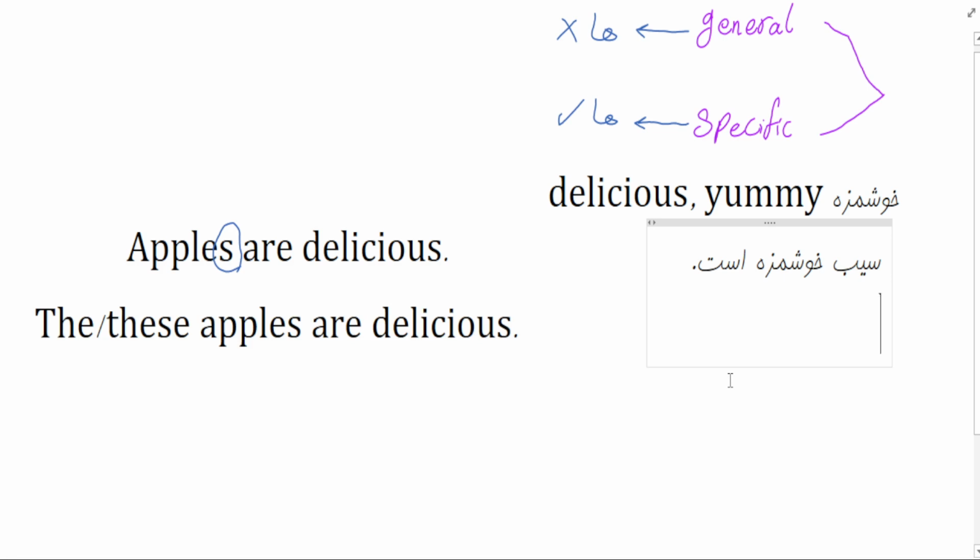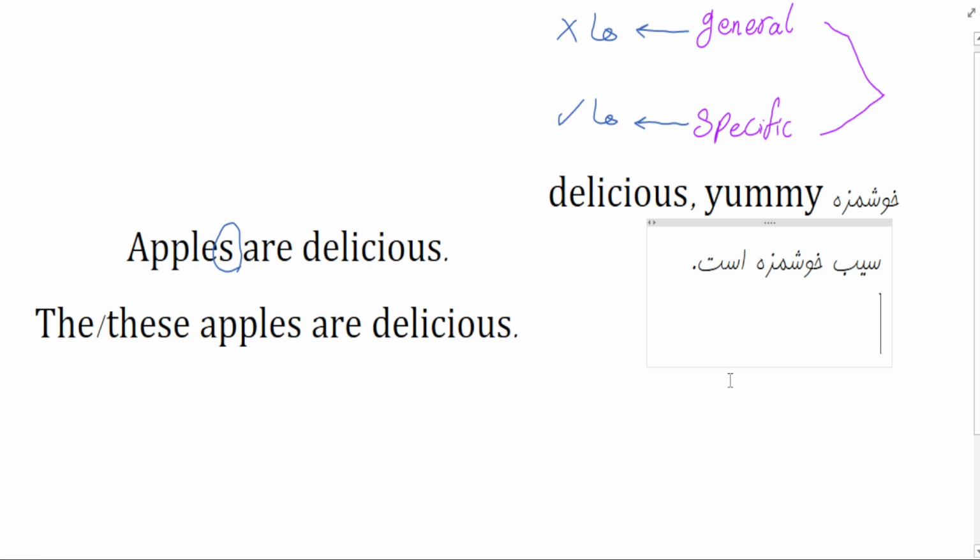Maybe the ones in the basket near you, or the ones coming from a specific farm. So you're not meaning all apples. You are meaning these apples, or the apples about which we are talking.